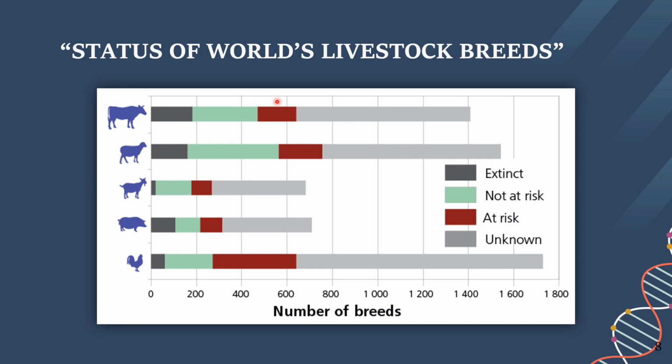Some of those breeds are also unknown, which are represented by the light gray line. The highest number of extinct breeds is of cattle, as shown here, and the highest number of breeds at risk is of chicken, as shown here.